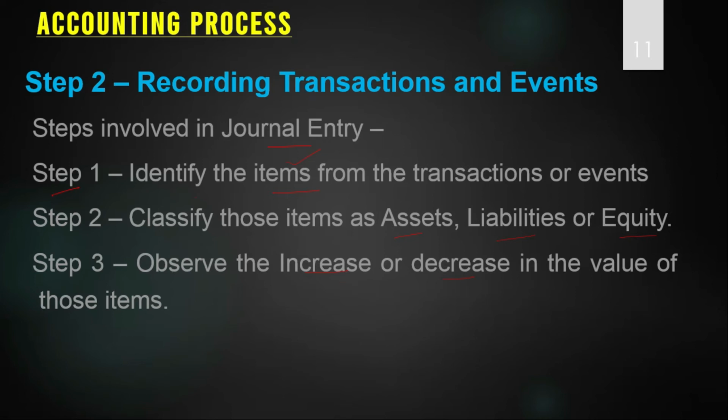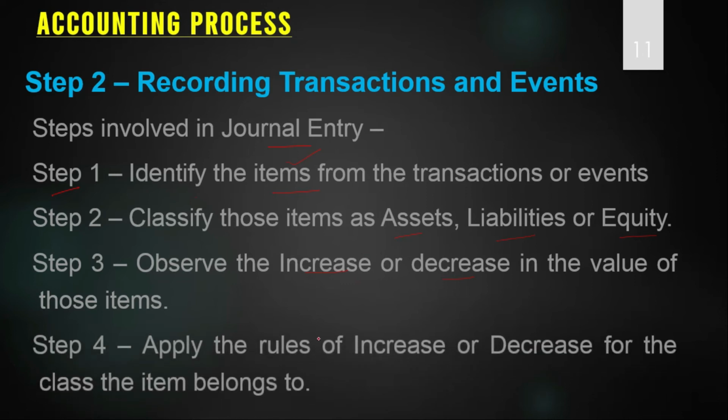If you have identified the increase or decrease in the items that belong to any class, now you need to apply the rules: applying the rules of increase or decrease for the items that you have found and classified. If an asset is increasing, apply the rule of asset increase. If an asset is decreasing, apply the rule of decrease in asset.